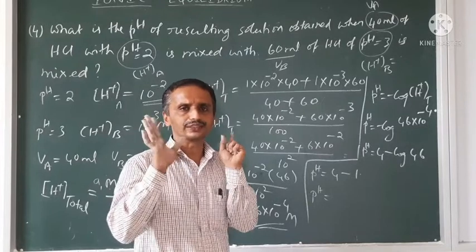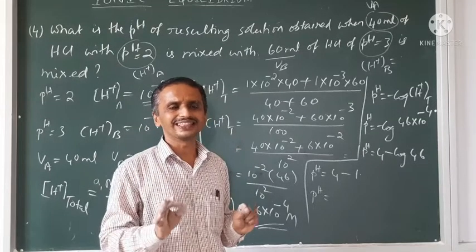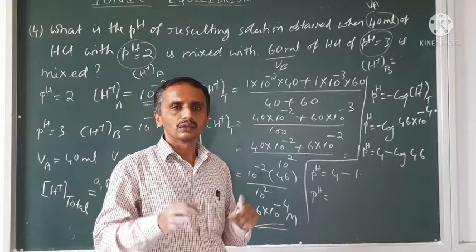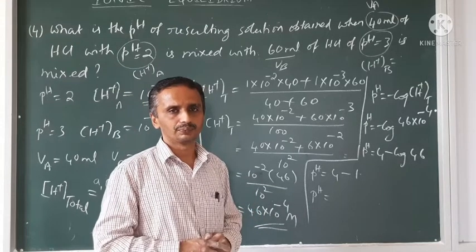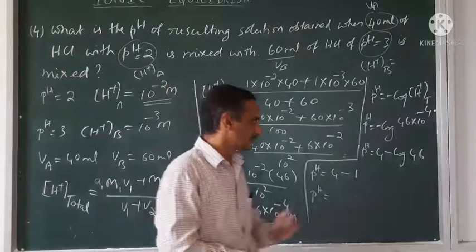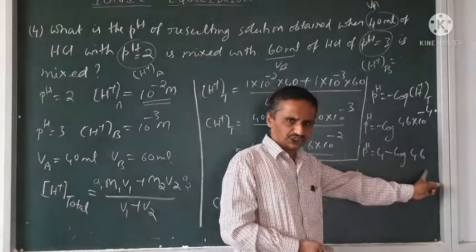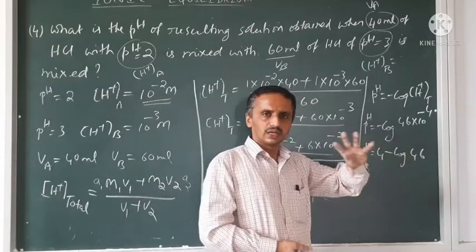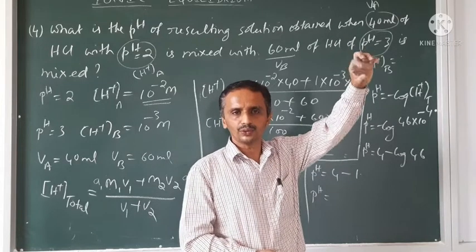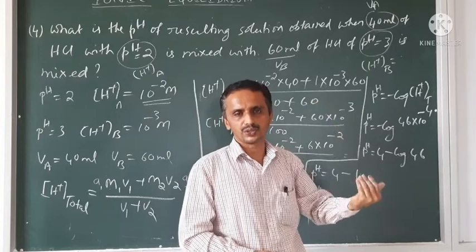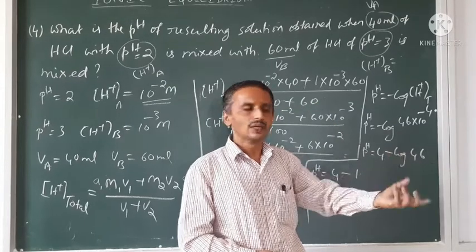Log of 4 is 0.6020. Log of 5 is 0.6990. That means I have to take the log of 46. Log of 40 is 1.6020. Log of 50 is 1.6990.